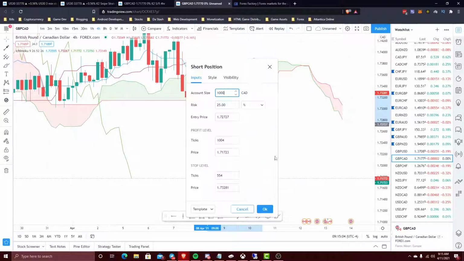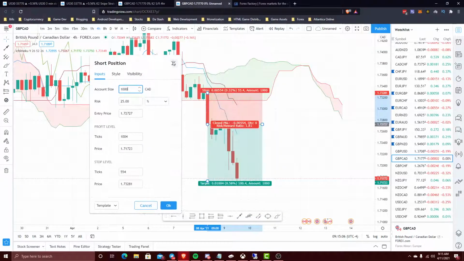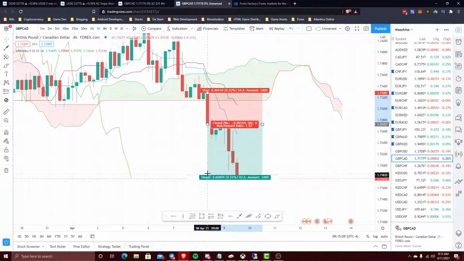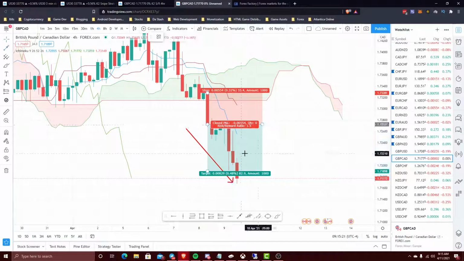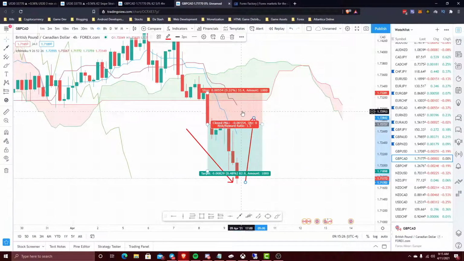Normally when I take trades with the Ichimoku, I usually target 1 to 1.5, mostly 1.5. Because like I said, when price goes down to a point like this, it's going to retrace back up into the equilibrium, which is the baseline.